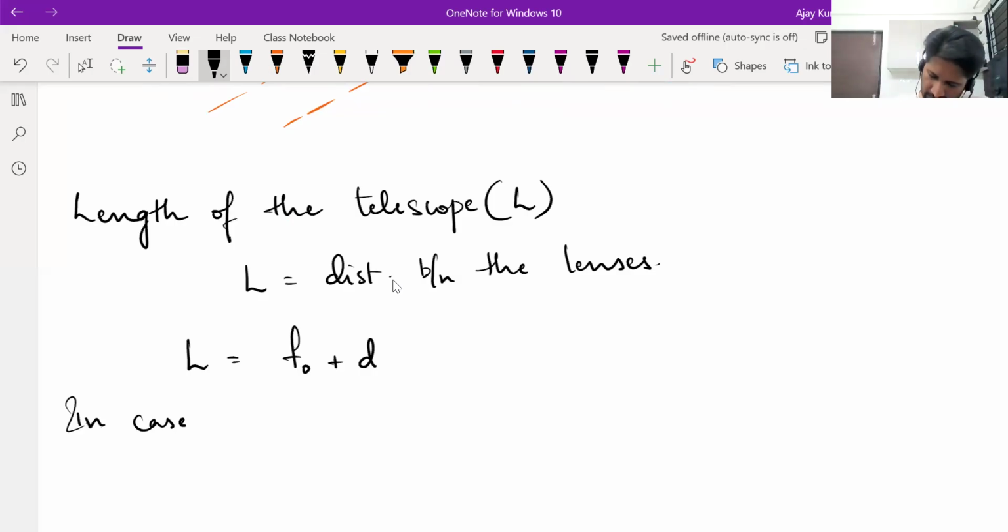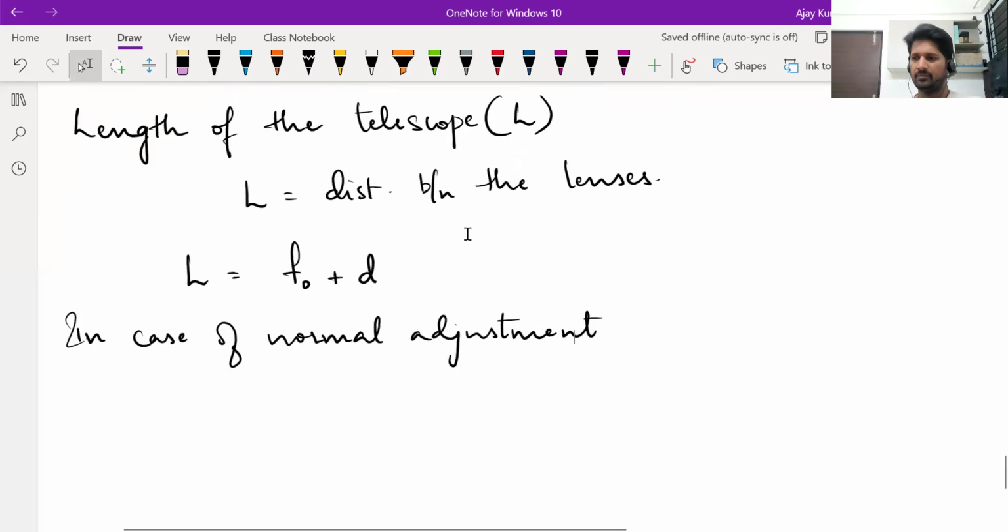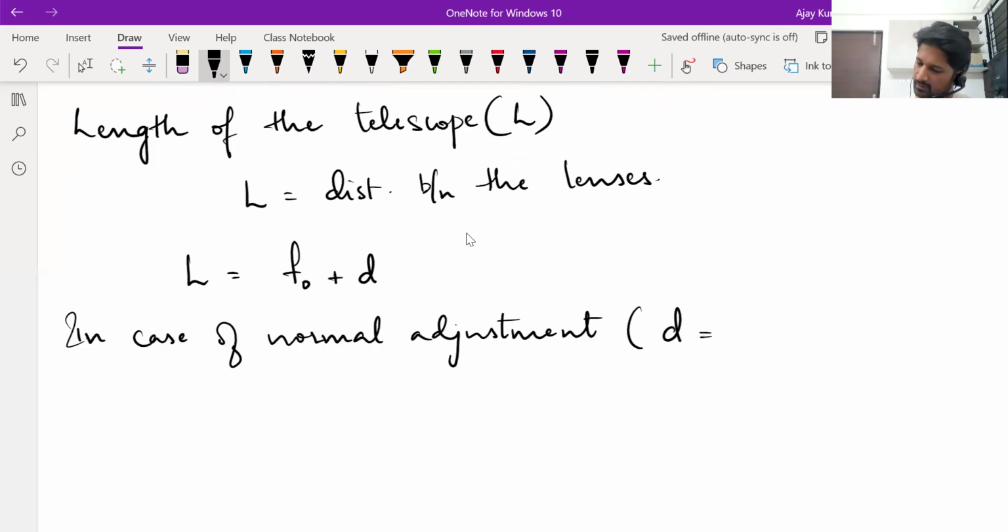In case of normal adjustment, what is normal adjustment? Final image forming at infinity. Keep this point in mind because in problems they will use this term, normal adjustment. You need to understand that it means image forming at infinity. Now in case of normal adjustment, the object distance from the second lens becomes its focal length.